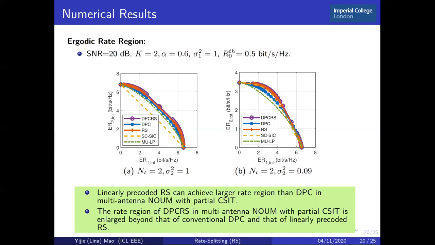The rate region of DPCRS, which is the purple curve here, outperforms all other strategies. By using DPCRS that we propose in this work, the rate region of unicast streams in multi-antenna non-orthogonal unicast and multicast transmission is further enlarged.